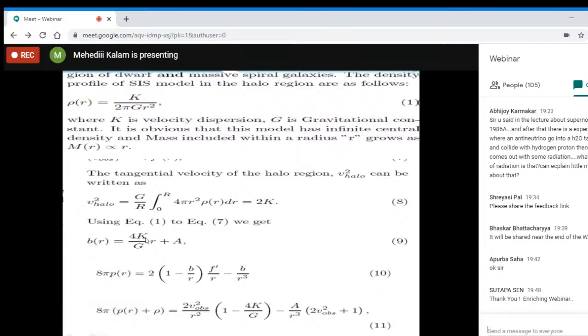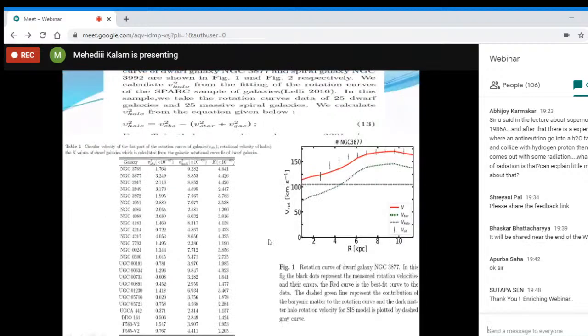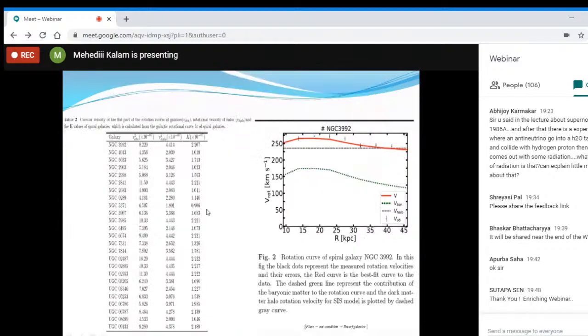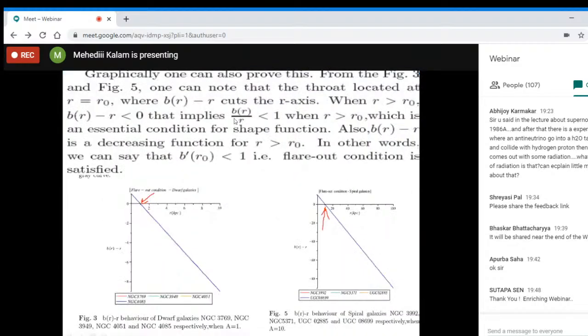The shape function depends on this K. So by using this, this is the data for the 25 dwarf galaxies, and this is for the 25 massive galaxies. And by using this, we are able to construct the wormhole.